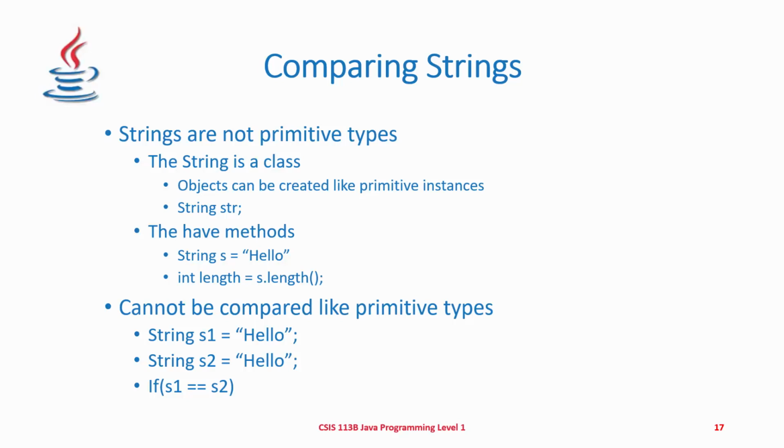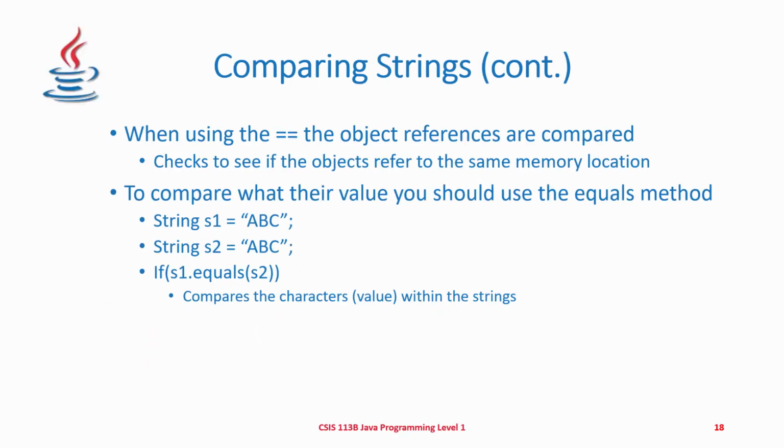So if we compare s1's memory address to s2's memory address, that would be false. And I guess I got a little bit ahead of myself here. This is the slide that explains all that to you. So anytime you use the comparison operator for reference types, for objects, you have to remember that it's the memory location you're comparing, not the actual values.